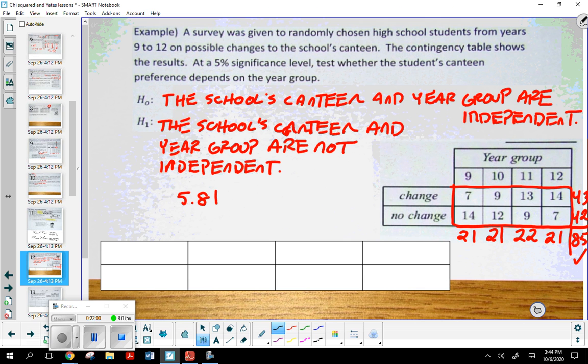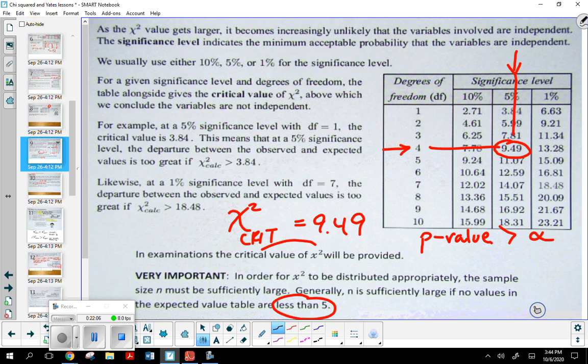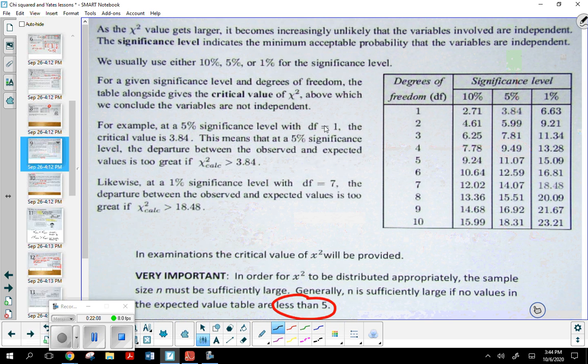And remember, we're testing this at what level? 5%. So I'm going to come back over to the table that I gave you in our notes. We have degrees of freedom of 3, and we're testing at a 5% significance level. We want to find the value that intersects the two. It looks like my critical value to compare to is 7.81.